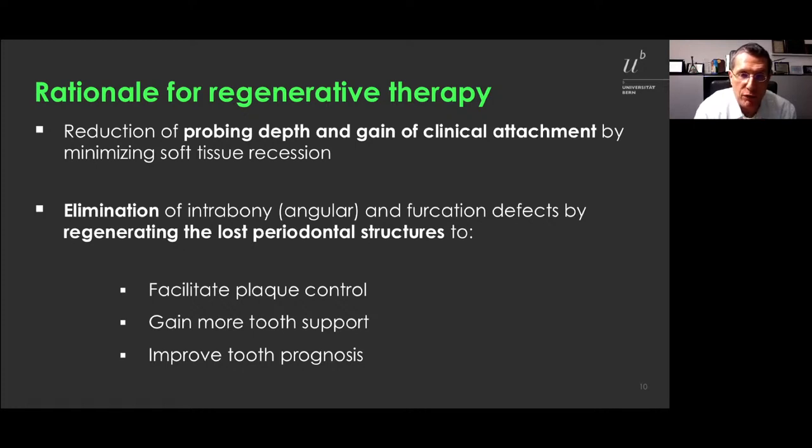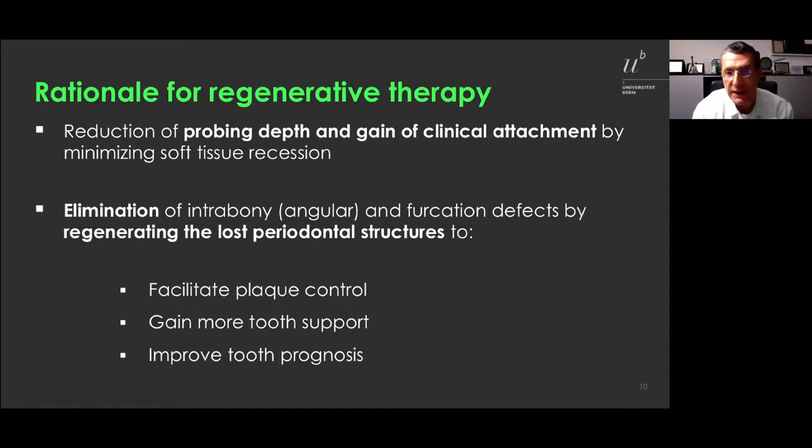I would like to have a shallow site, a probing depth of about 3-4 millimeters. In some cases, we may even accept 5, but without cutting the tissue away. But I would like to build up the tissue that would support the tooth, and at the same time would also enable a shallow probing depth by gaining so-called clinical attachment.